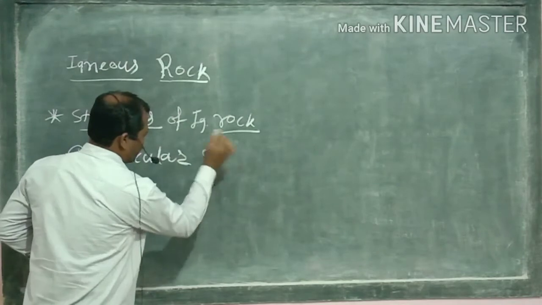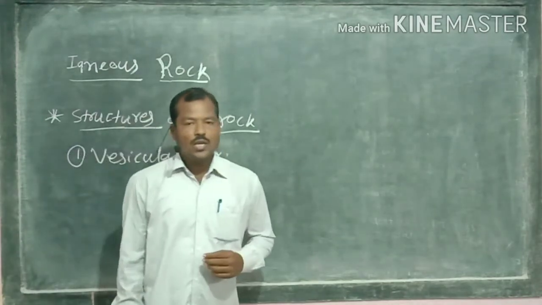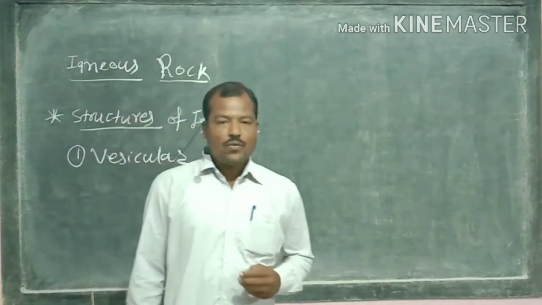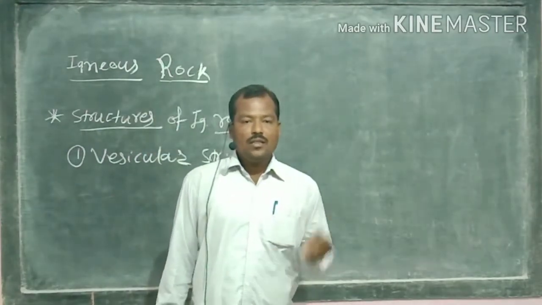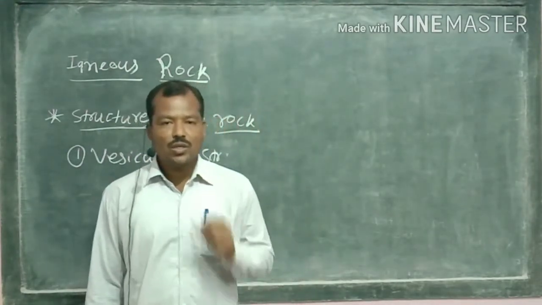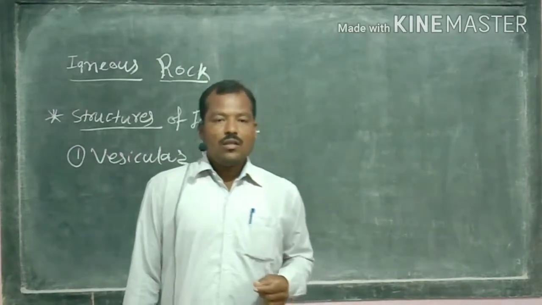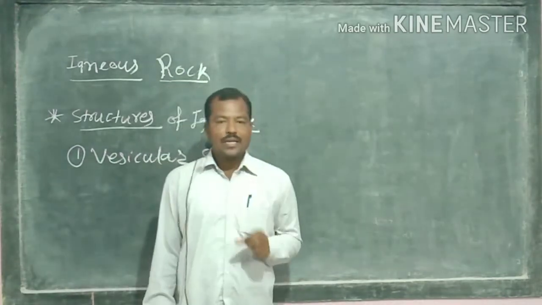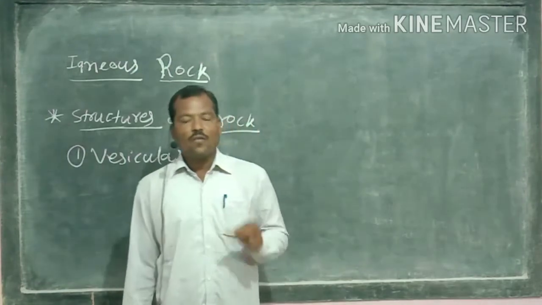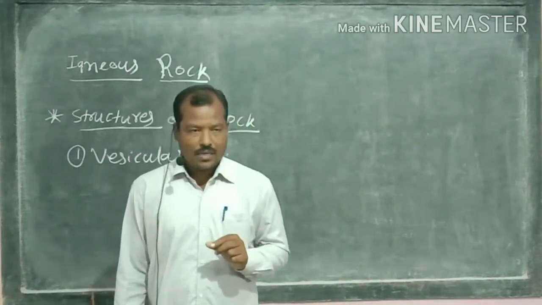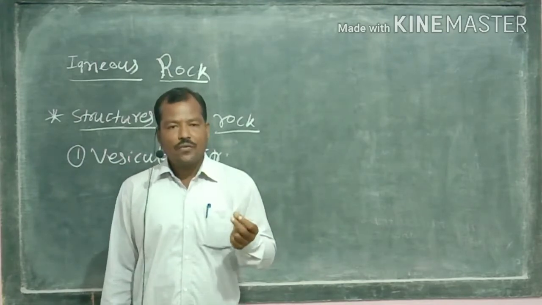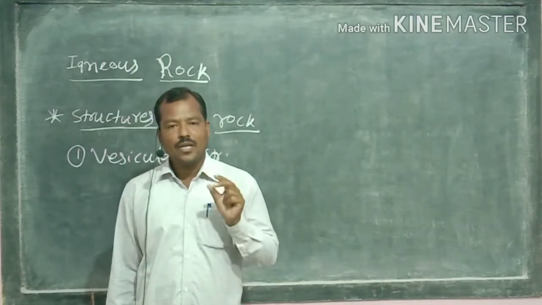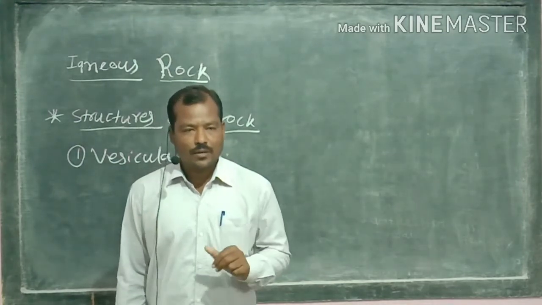Vesicular structure. This structure is formed from the lava. During solidification of the lava, our magmatic material contains a lot of volatiles and gases. Those gases and volatiles escape when they come into the atmosphere.